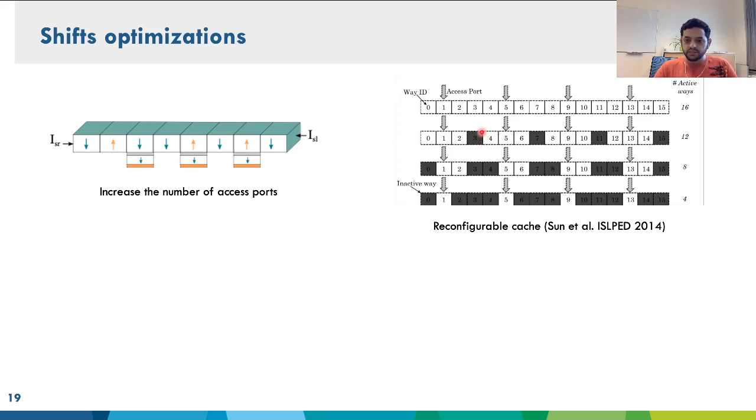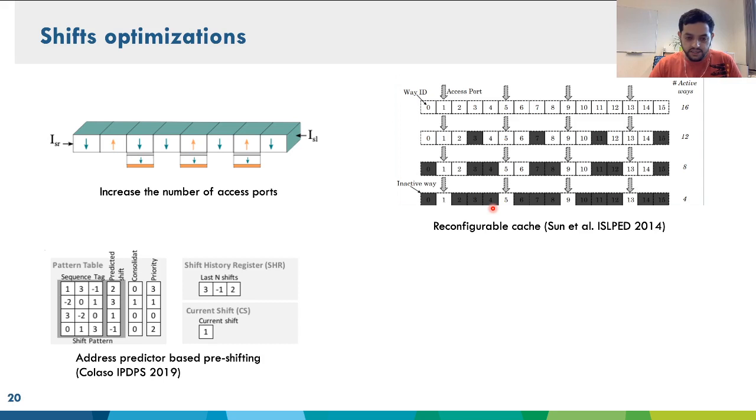For instance, in the given example, if you know that the cache utilization is less than 75%, you can disable 4 of the 16 locations which are the farthest from the access port. Again, if you measure the cache utilization and find that it is less than 50%, you can further disable the positions which are farthest from the access ports, and so on.